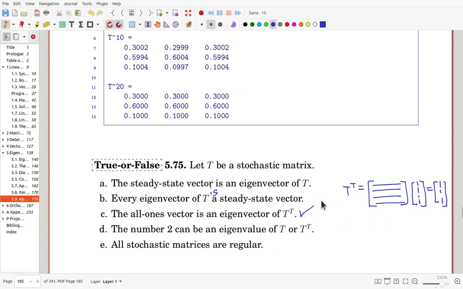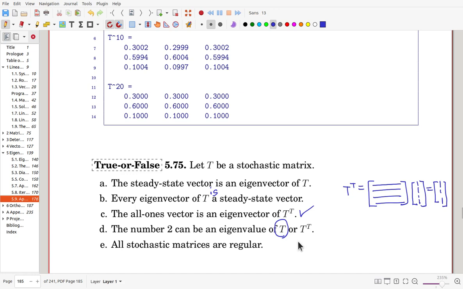So it is true. The number 2 can be an eigenvalue of T or T transpose. Is it true? It's false. First of all, for eigenvalues of T, the maximum eigenvalue is 1. Now, for T transpose, the eigenvalues must be the same.